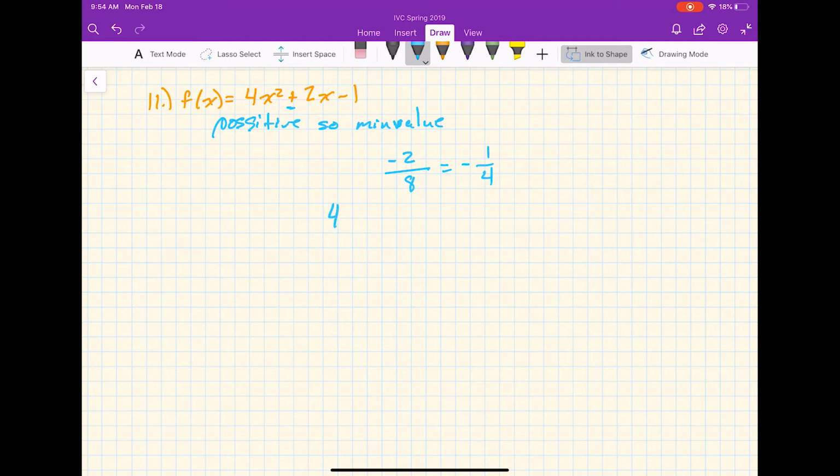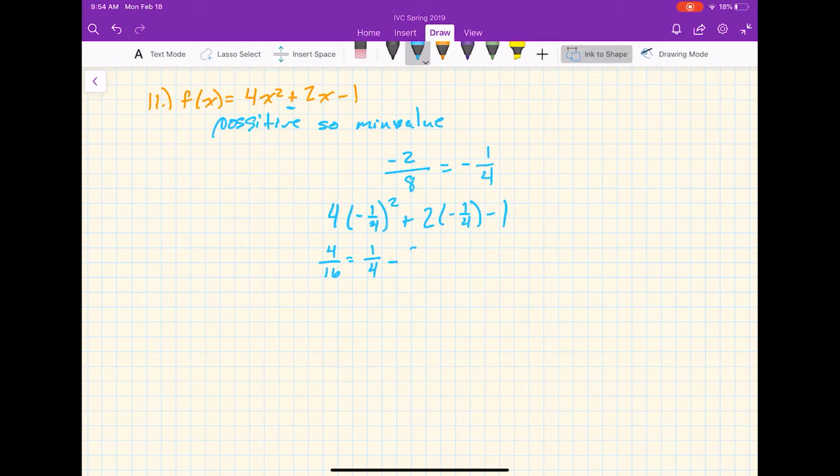And our output, let's see, we're going to have 4 times negative 1/4 squared plus 2 times negative 1/4 again minus uno, or 1. All right, negative 1/4 times itself, that's going to give me 4 over 16 times the 4, which comes out nice and easy, just like the last problem. Turns out to be 1/4, just no negative this time.